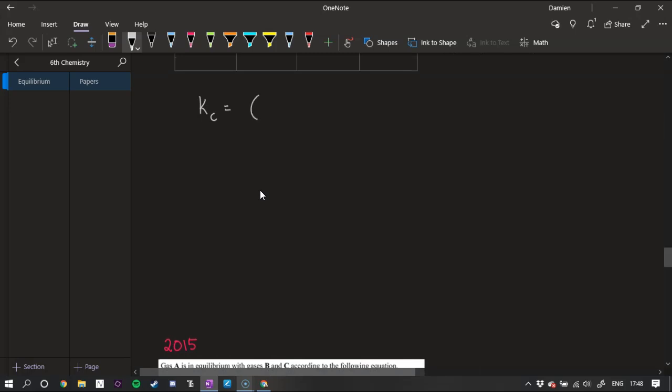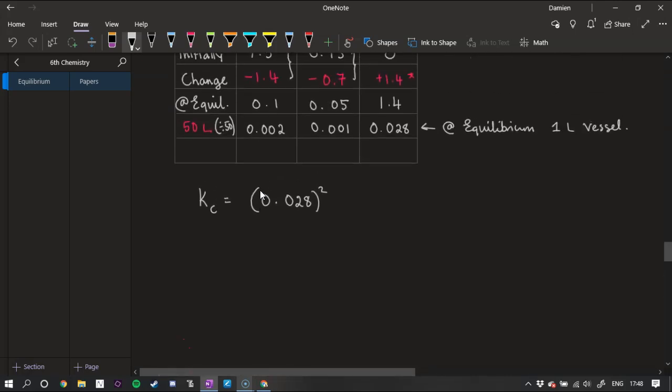So it should be straightforward from here. 0.028 squared. Move that up so you can see the numbers. All divided by 0.002, and that's squared, and that's multiplied by 0.001, and that gives you a final number of 196,000.